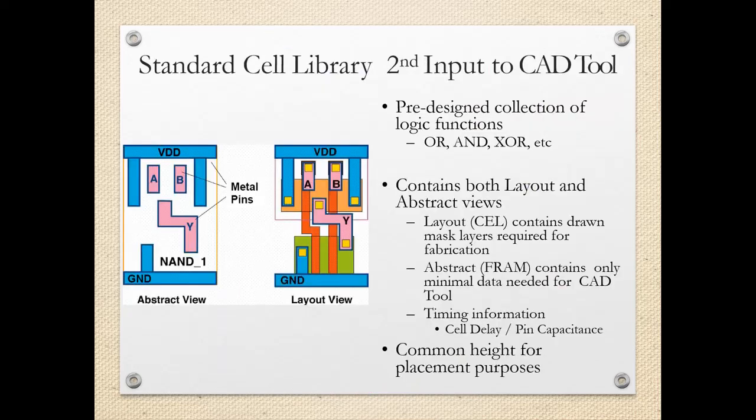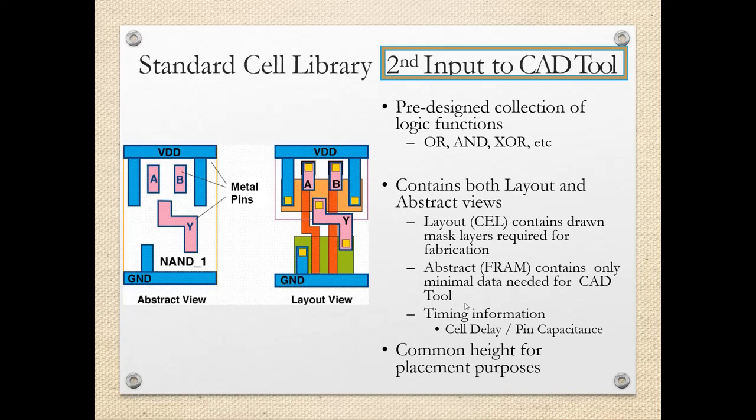Then comes the second input to the CAD tool, that is the standard cell library. It is the pre-designed collection of logic functions like OR, AND, XOR, NAND, NOR. So different pre-designed logic functions are available as standard library functions. It contains both layout and abstract views.